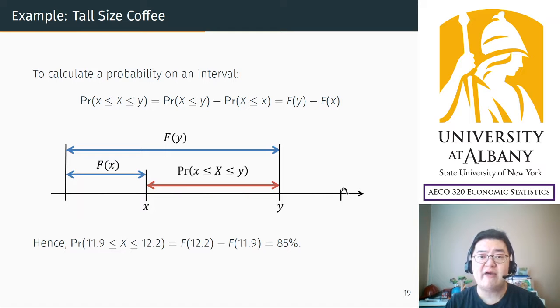But we have two pieces of information. The probability smaller than x is the length here, and the probability smaller than y is the length of this interval, right? We are interested in the probability length between these 2 points.